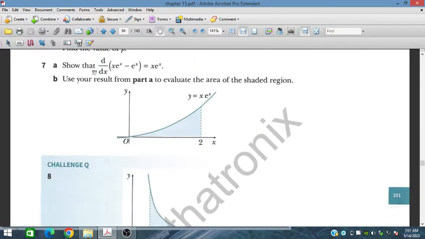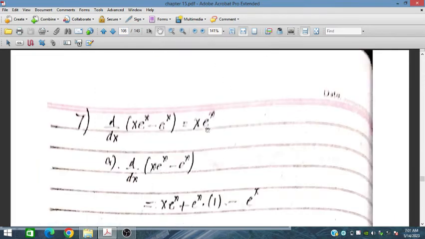Question number 7: show that d by dx of x e power x minus e power x is equal to x e power x. Use your result from part A to evaluate the area of the shaded region, this region from 0 to 2. So we have this, so we'll differentiate it first.